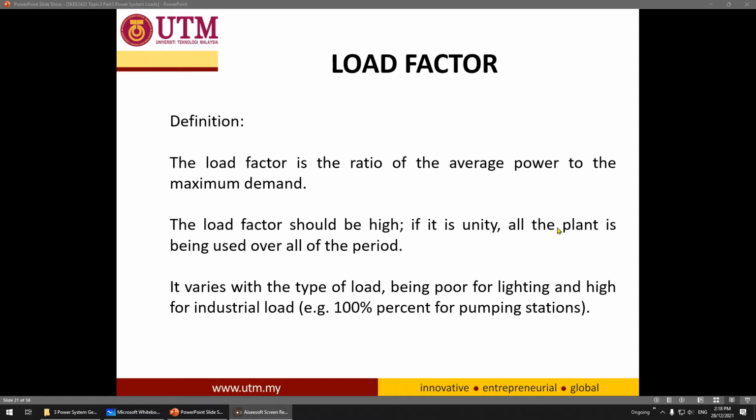If it is unity, the plant is being used over the whole period of time. So this one should be high. It varies with the type of load, being poor for lighting and high for industrial load demand.